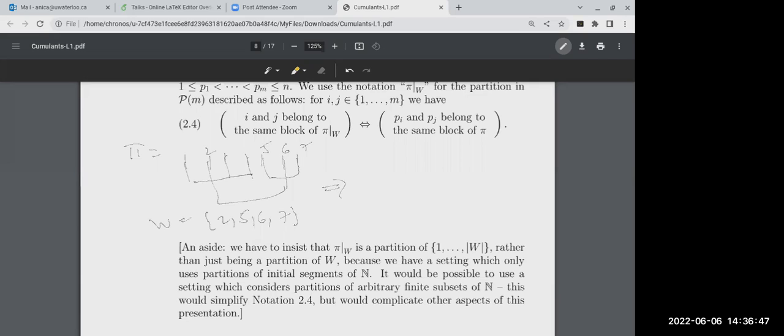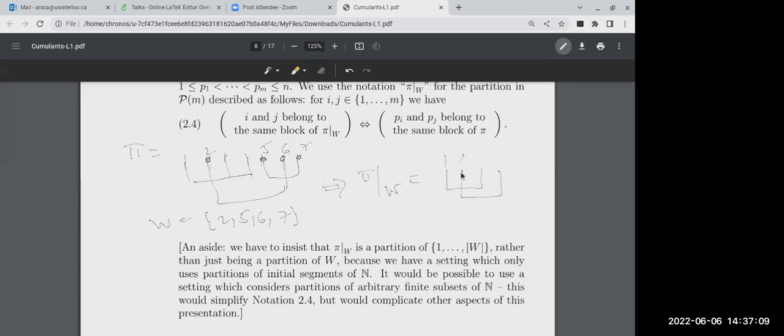So you focus on the set W, and you see the pattern which is there. Pi restricted to W: the pattern which appears is this, where one block should be 2 and 6, and the other one should be 5 and 7.